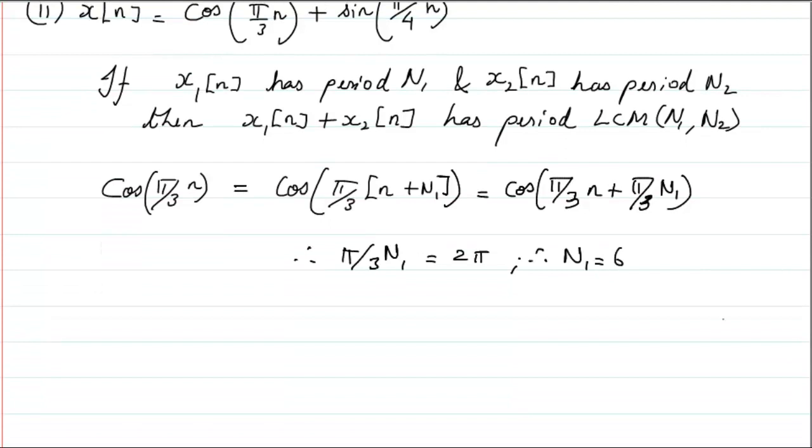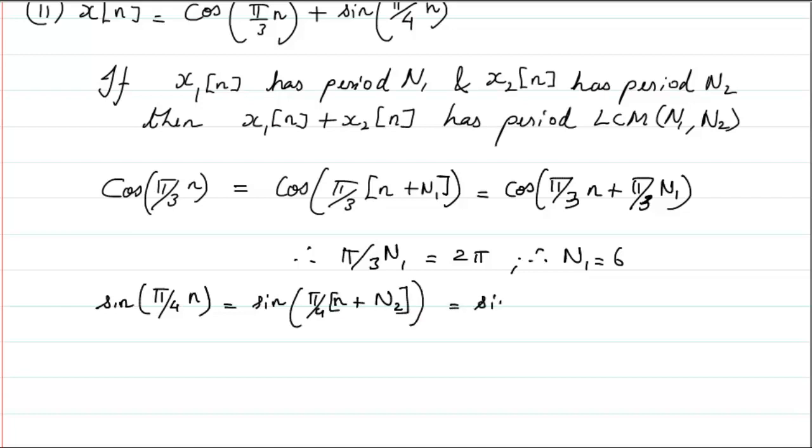Similarly, if I am trying to look for sine, so sine pi by 4n will be equal to sine pi by 4 of n plus capital N2, which can be written as sine of pi by 4n plus pi by 4 n2.